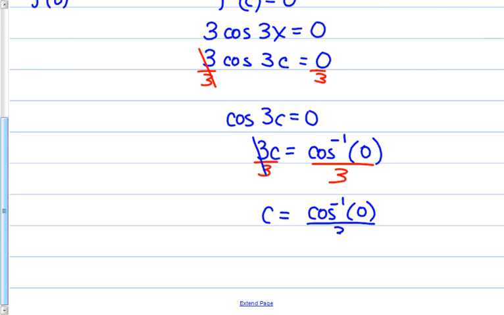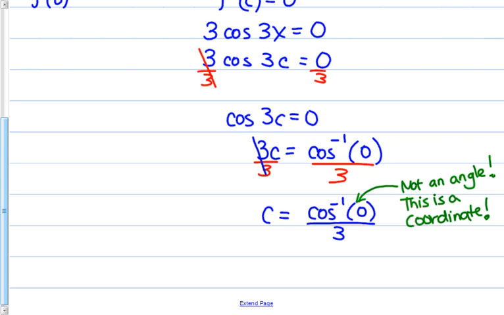divided by 3. Now, what does 0 mean? This is not an angle. When you use inverses, you don't actually have angles. This is a coordinate. So basically, I'm asking you where on the unit circle does cosine have a coordinate of 0?